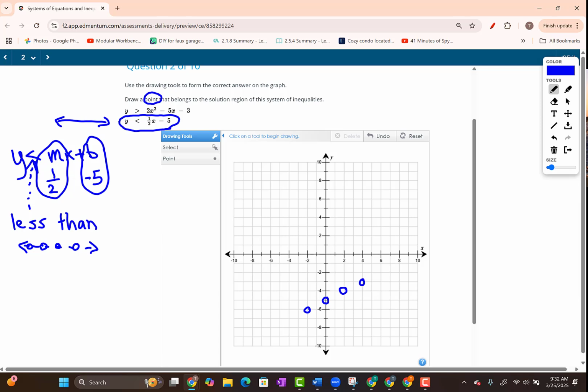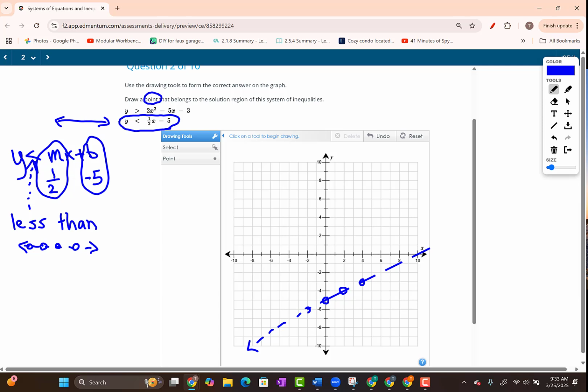So there is my line. Then I'm going to graph it, just remembering that this should be a dashed line. And let's extend it a little bit further.